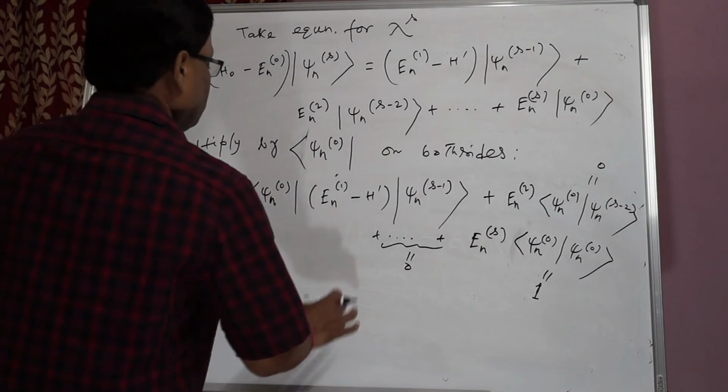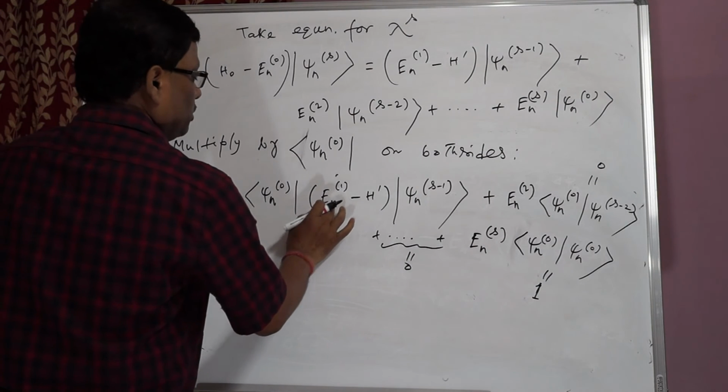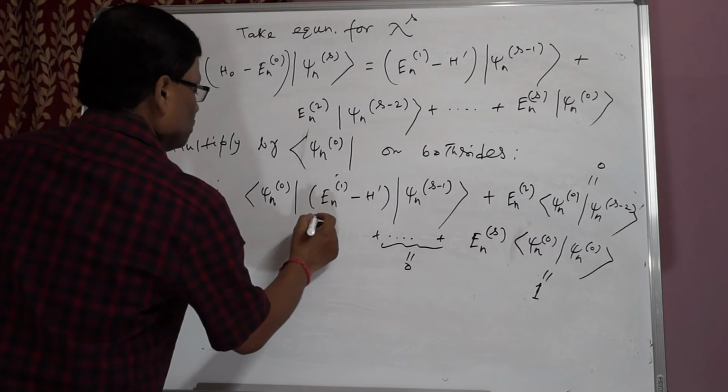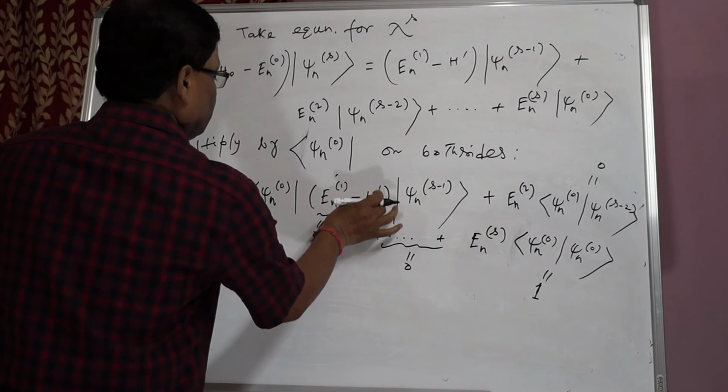So I am left with only this, and also from this part E n1 gives 0. So you are only left with this.